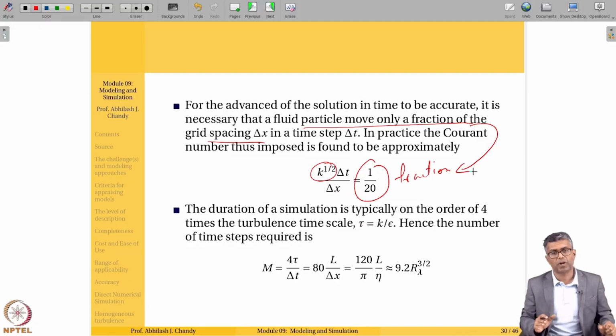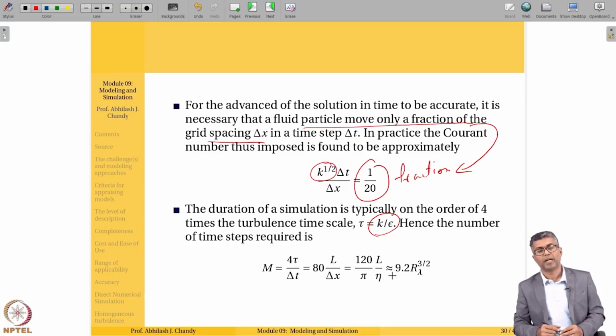The duration of simulation is typically about 4 times the turbulent time scale, and the turbulent time scale is like an eddy turnover time, so k over epsilon. So the total number of time steps would be 4 times tau over delta t, where tau is the turbulent time scale, k over epsilon. And that would be 80 times L over delta x, isn't it? That would be 80 times L over delta x, or 120 over pi, L over pi, and that is approximately equal to 9.2 R lambda to the 3/2.